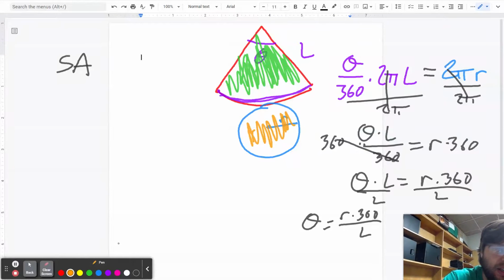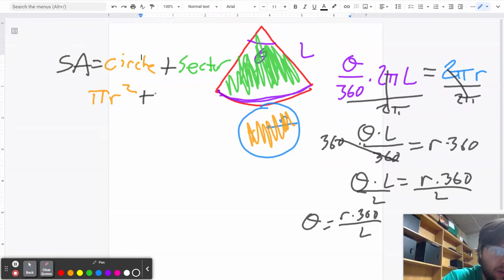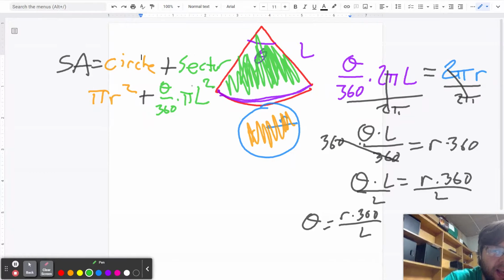So the surface area is going to be the circle plus the sector. So let's write it out. Circle area is pi r squared. Sector area, just like arc length, sector area is theta over 360 times pi r squared, but our r is actually L here.